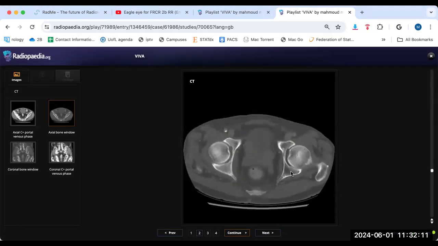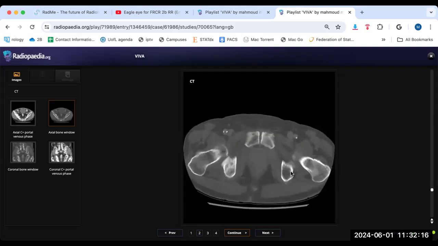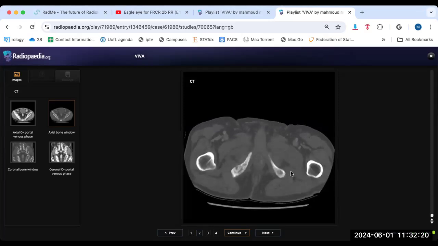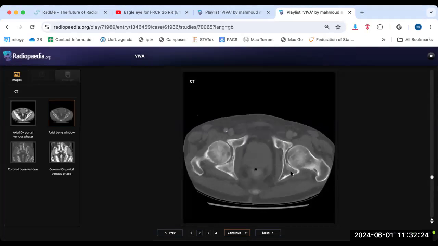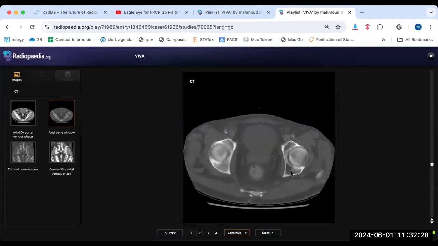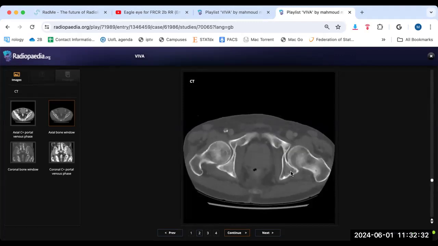It could be metastasis. What kind of metastasis? Osteoblastic. Sclerotic. Okay. Could it be Paget disease? That's a differential.